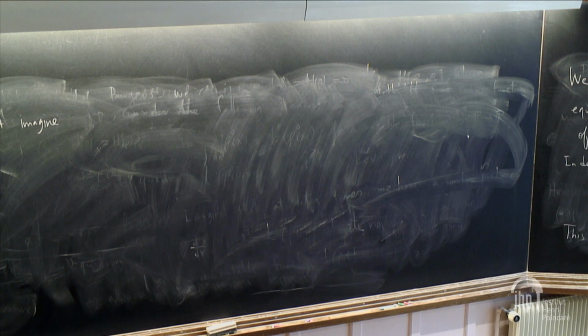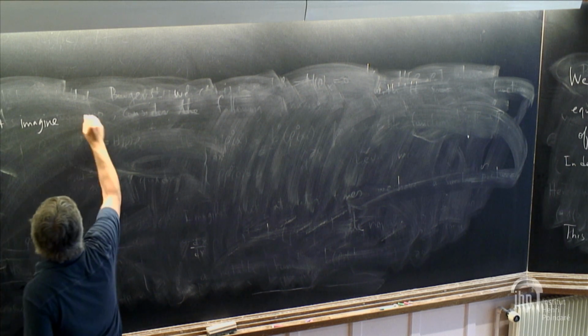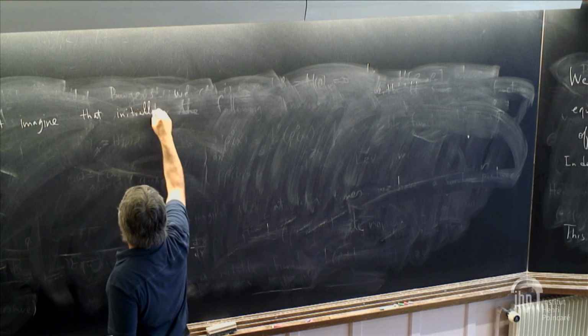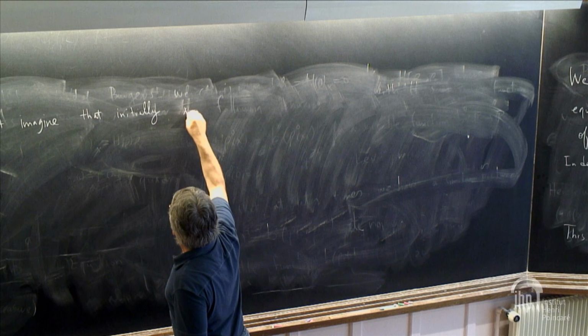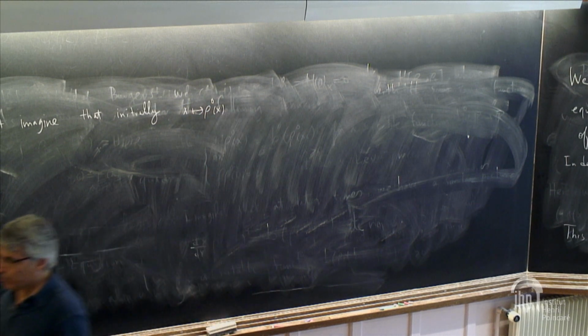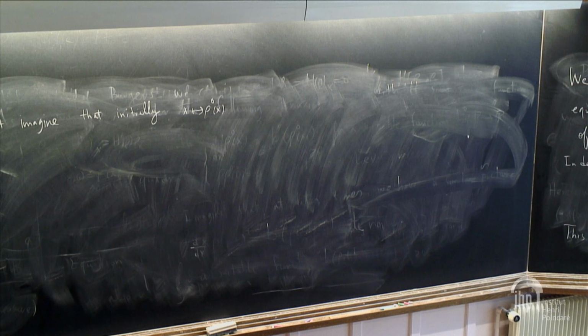OK, next, imagine that initially, x going to rho 0 of x. So now I want to start with this profile, x going to rho 0. I want to think of rho 0 of x as a random process now. Previously, I was thinking of it as a solution to some ODE, but now I want to think of it as a random process.